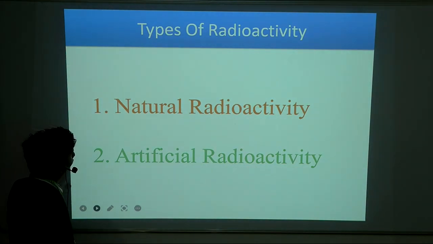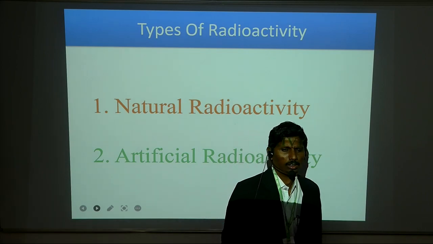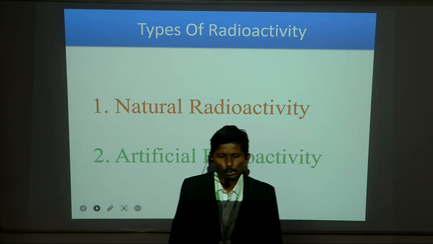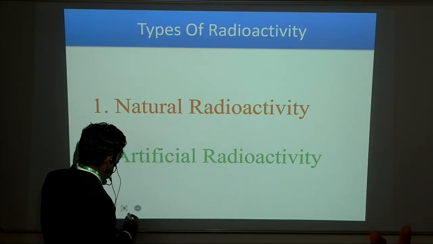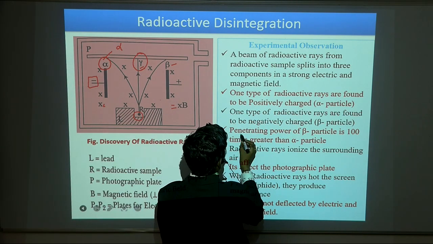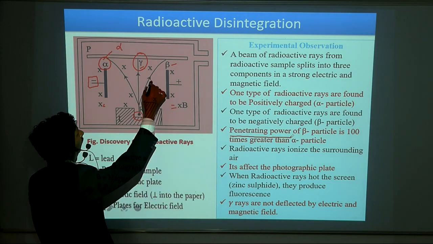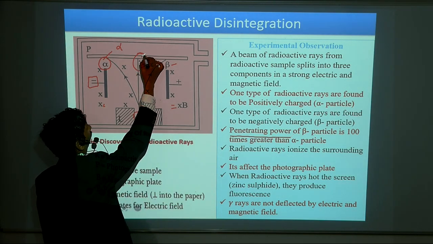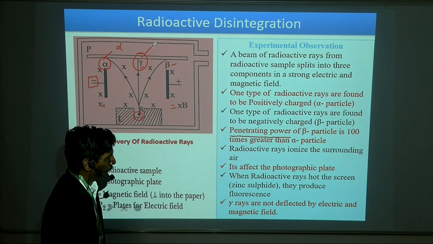We also study natural radioactivity and artificial radioactivity in the next lecture. Remember that for alpha, beta, gamma we study three things. First, the penetrating power: gamma has the highest penetrating power because it is a high velocity particle.